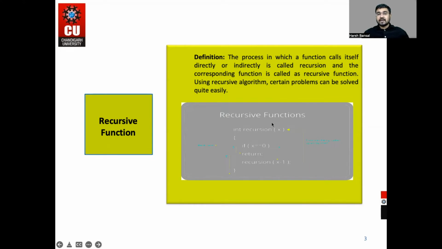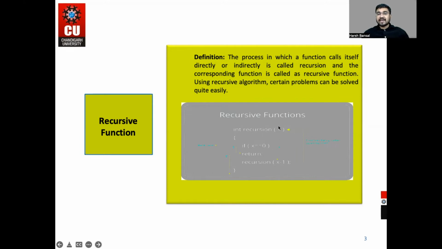There is a condition written that if x becomes equal to 0, it should return. Otherwise, it should call itself and perform x minus 1. So how many calls will be done in this case?